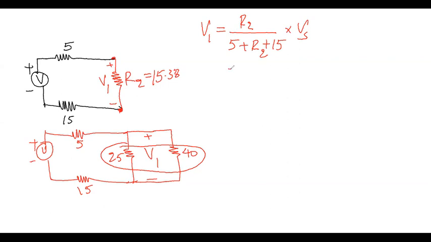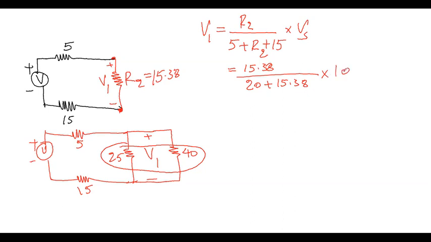So this is 15.38 divided by 5 plus 15 is 20, plus R2 is 15.38, times Vs. Of course, Vs is 10.